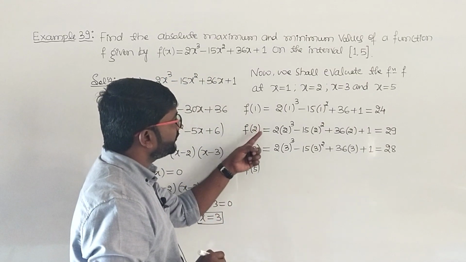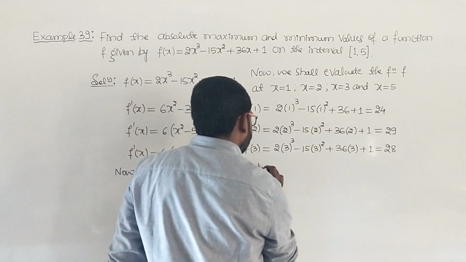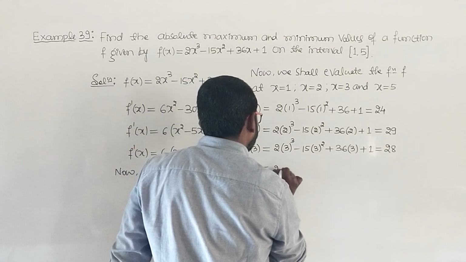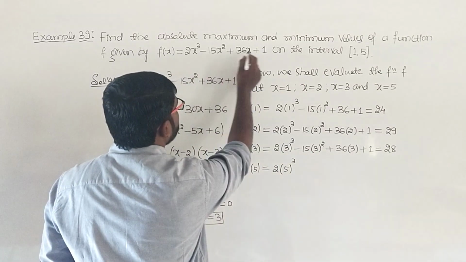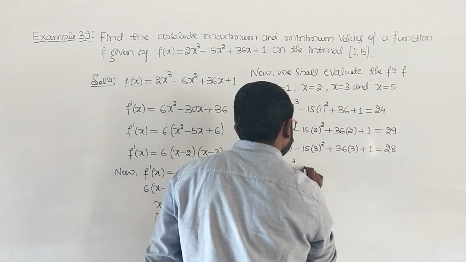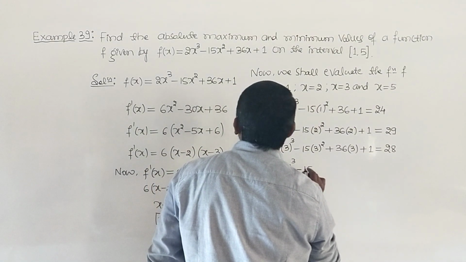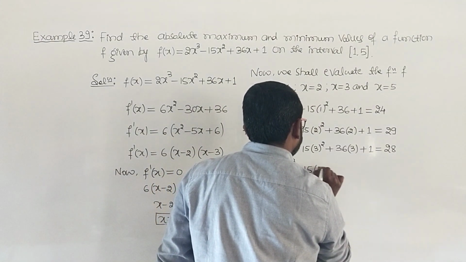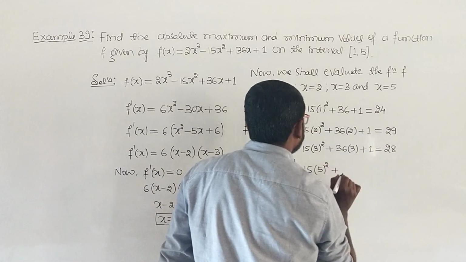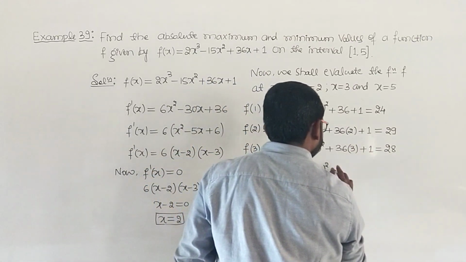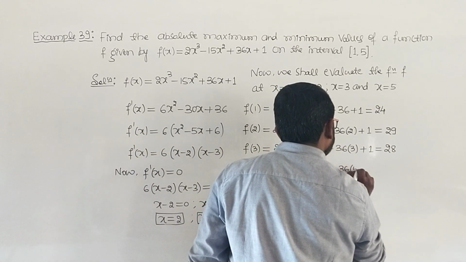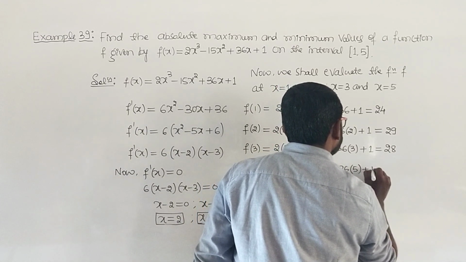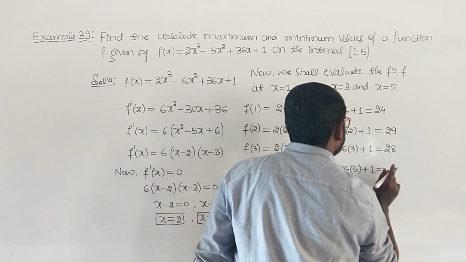Then the last one is f of 5, which equals 2 into 5 cube minus 15 into 5 square plus 36 into 5 plus 1.